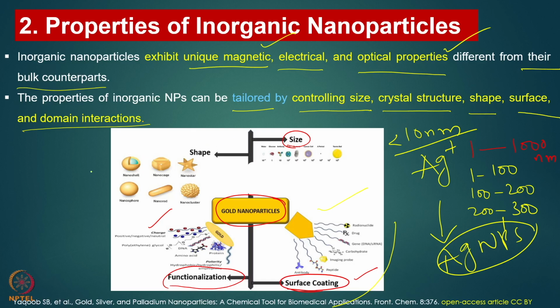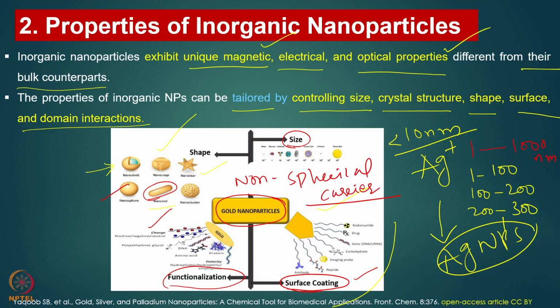Here you can see nano shells, nano cages, nano stars, and nano rods, which mimic bacteria. These non-spherical carrier systems also have a lot of advantages in biomedical and drug delivery applications.